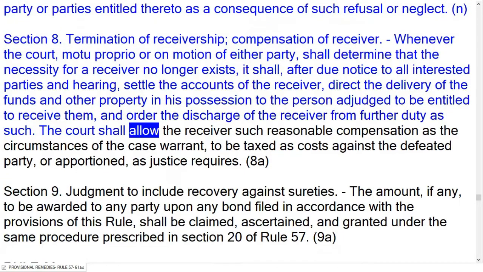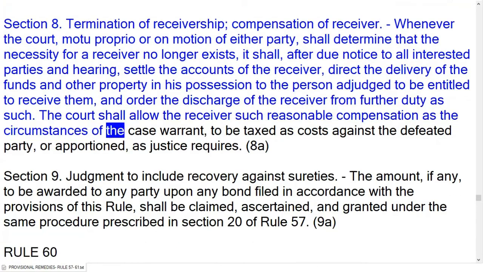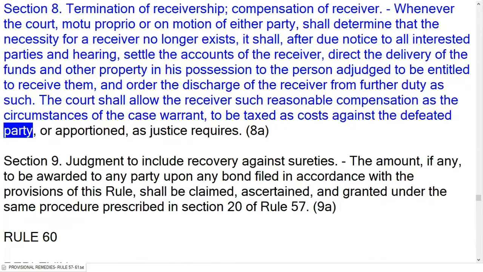The court shall allow the receiver such reasonable compensation as the circumstances of the case warrant, to be taxed as costs against the defeated party, or apportioned, as justice requires.